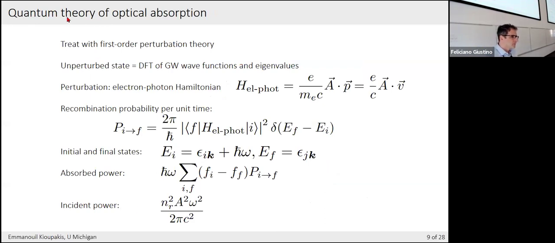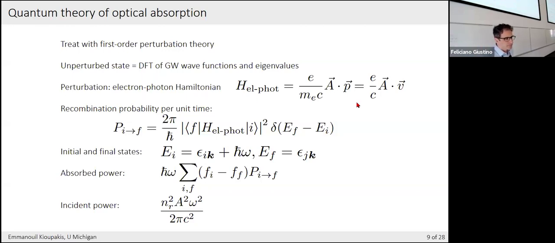Okay. So now we assume we have electrons that live in a solid, which has a band structure, and we use first order perturbation theory to calculate how light attenuates in this material. We start with the unperturbed state, which is your DFT or GW wave functions and eigenvalues. And we perturb them with the electron-photon Hamiltonian.